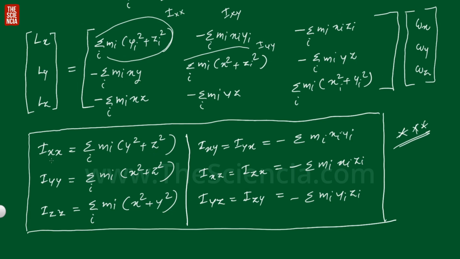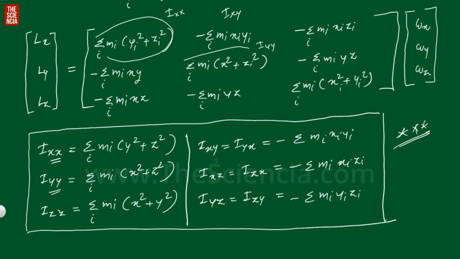Here you see this is Ixx, and here there is no x term, right? And here there is Iyy, and here there is no y term. So if it is Ixx, then the x square term will be absent, and if it is Iyy, then the y square term will be absent, and if it is z, then the z square term will be absent.